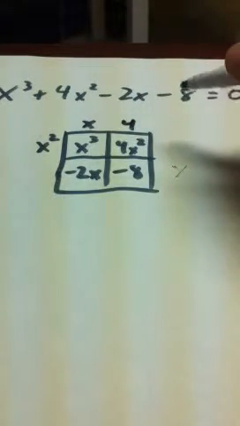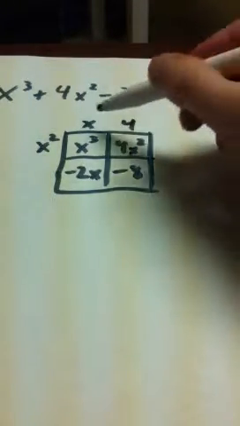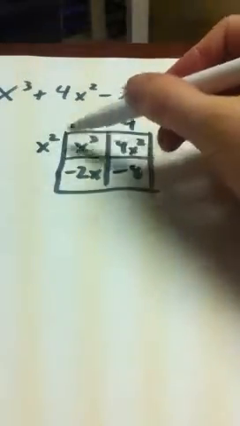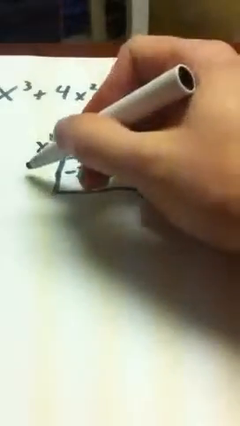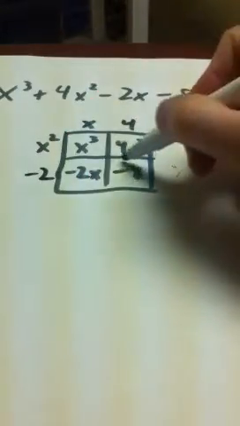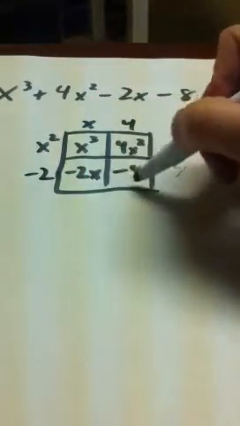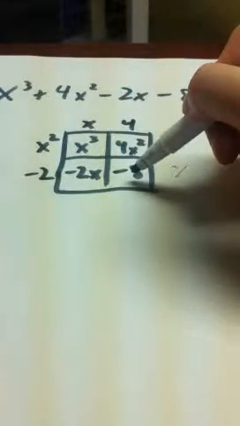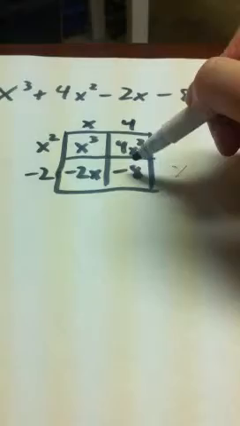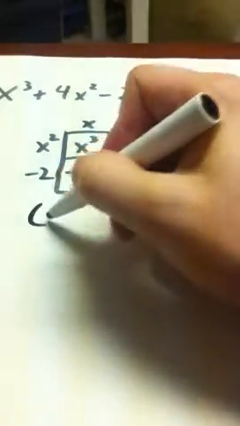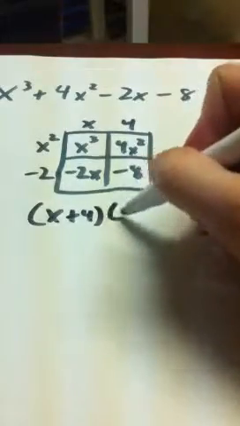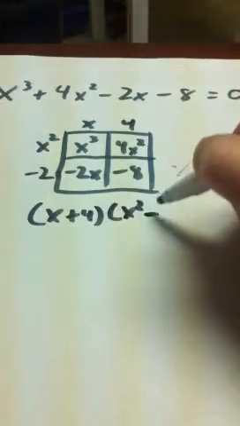Now, in order to make sure I'm okay, when I check what value comes down here, x times what is negative 2x, that's negative 2. It also has to work in this last box, and 4 times negative 2 is negative 8. So this is factorable.